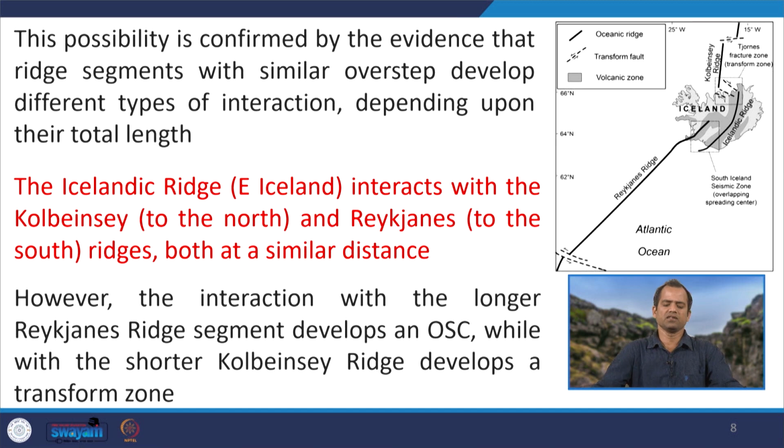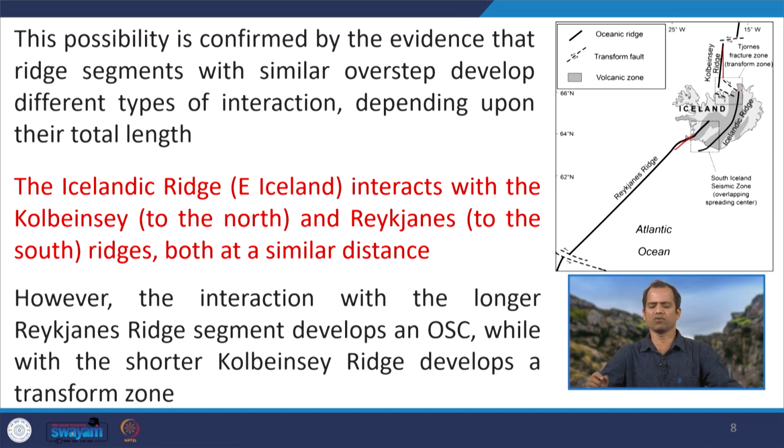This possibility is confirmed by the evidence that ridge segments with a similar overstep develop different types of interaction depending upon their total length. This Icelandic ridge, that is the East Island ridge, interacts with the Kolbensee ridge to the north, and the Roorkee ridge to the south, both at a similar distance. So, now you see we have a similar distance at the north and south.